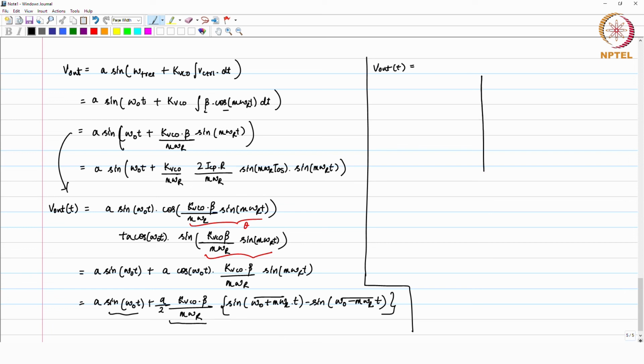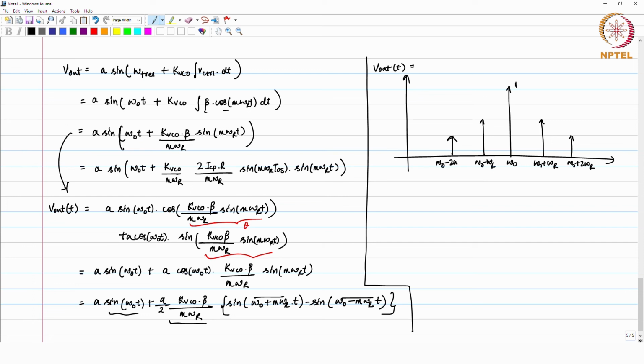So, I will just plot this, that is better. In the spectrum of V out, if the value at omega naught happens to be 1, then you will see it is flanked by values at omega r. So, this is omega naught. You will see omega naught plus omega r, omega naught plus 2 omega r, and this is omega naught minus omega r, this is omega naught minus 2 omega r, and this amplitude is going to be at the mth harmonic.